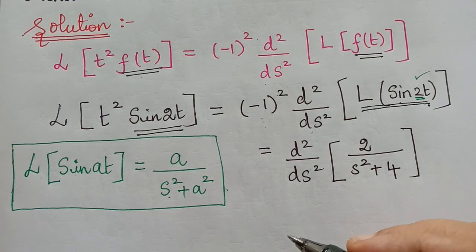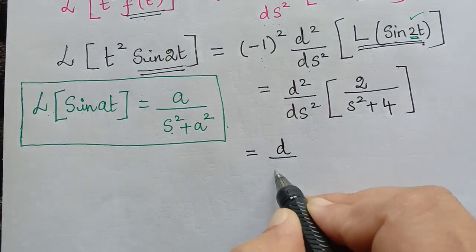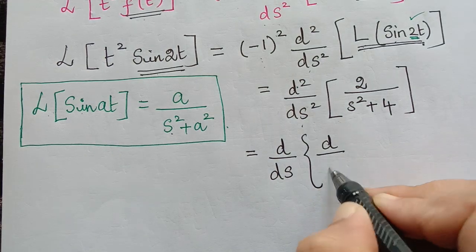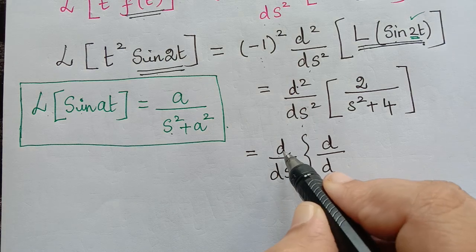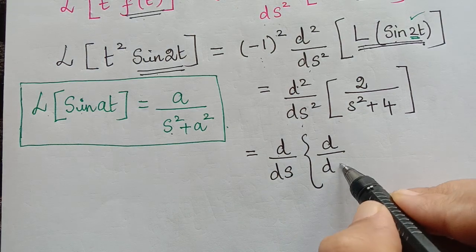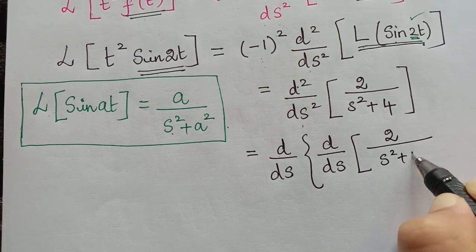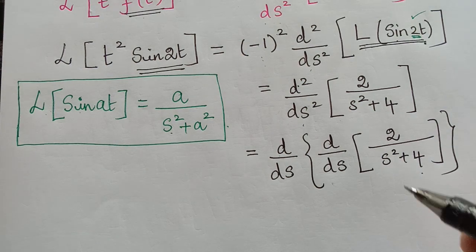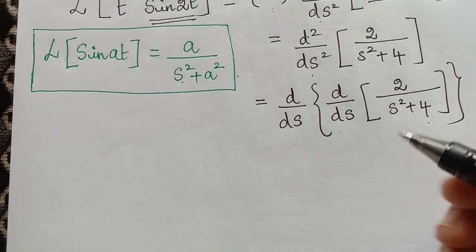So we can rewrite this by splitting d square by ds square like this: d by ds and d by ds of 2 divided by s square plus 4. First we will differentiate it once, and from the resulting answer we will differentiate it again with respect to s.